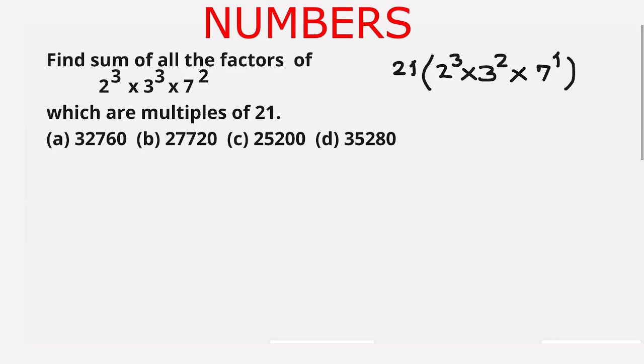3 to the power 2 multiplied by 7 to the power 1, and we again multiplied by 21, so that all the factors are multiples of 21.